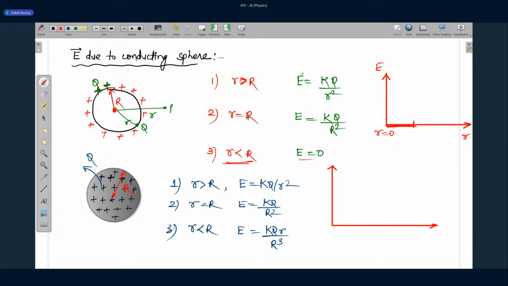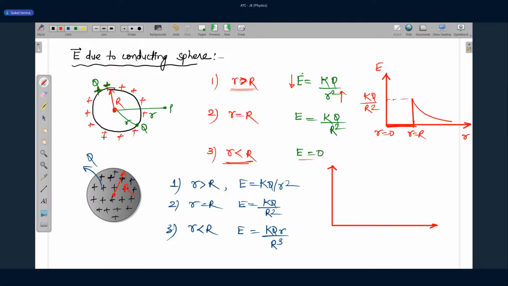Now when r is exactly equal to R, the electric field suddenly increases to the value kq by R square. After that, when you increase the value of r beyond capital R, the electric field decreases, so it is a decaying function. So this will be the plot.